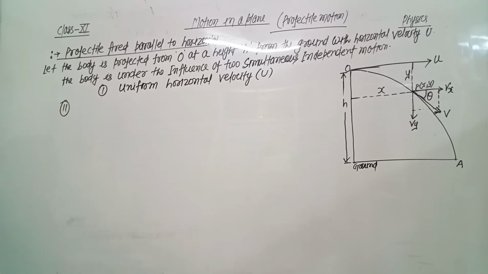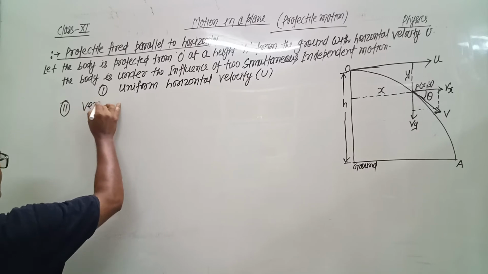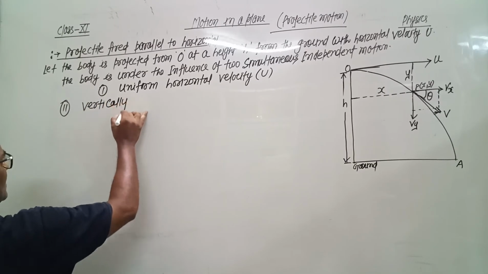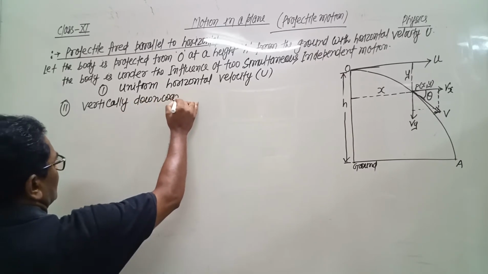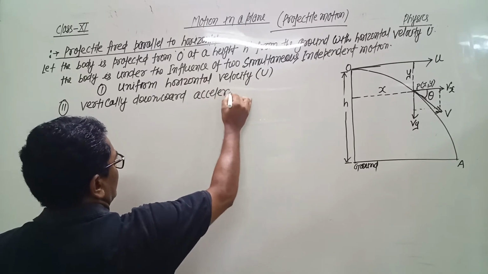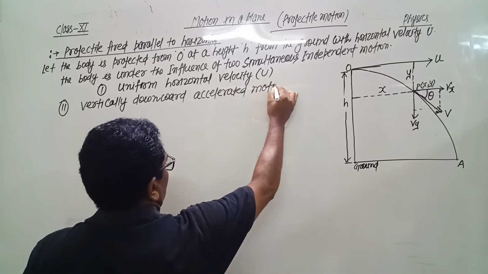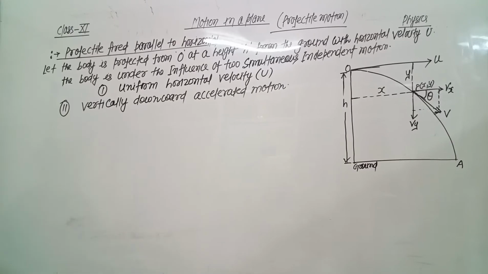vertically downward accelerated motion. The body is under the influence of two types of independent motion.